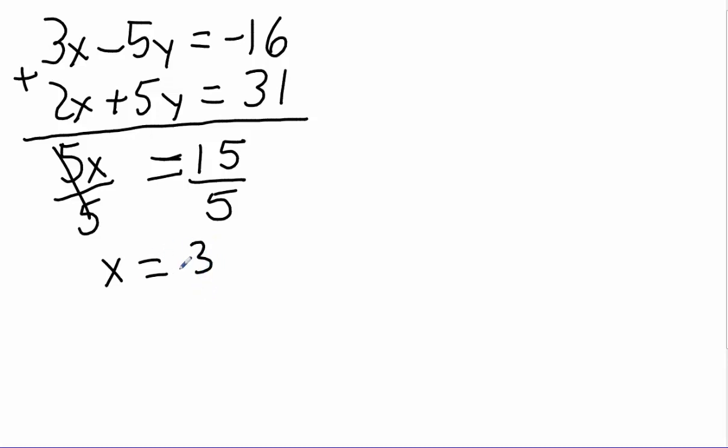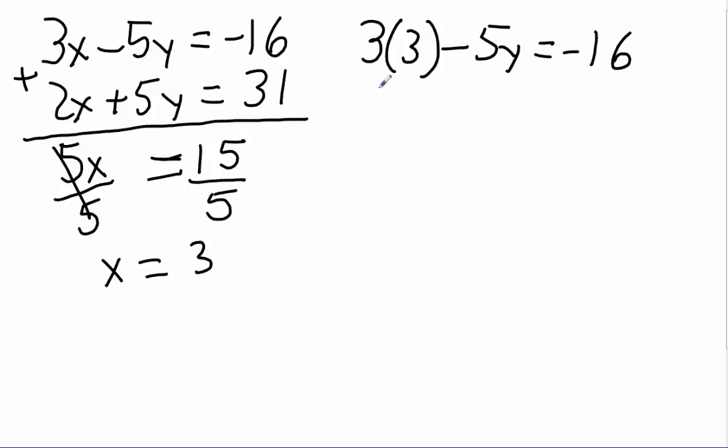Now, we found x, and just like in substitution and graphing, if x is equal to 3, in order to find y, we can just substitute a 3 into either equation. No matter which equation you use, you will still get the same answer. I'm going to substitute it into the first equation, so it becomes 3 times 3, because it was 3 times x, minus 5y is equal to a negative 16.